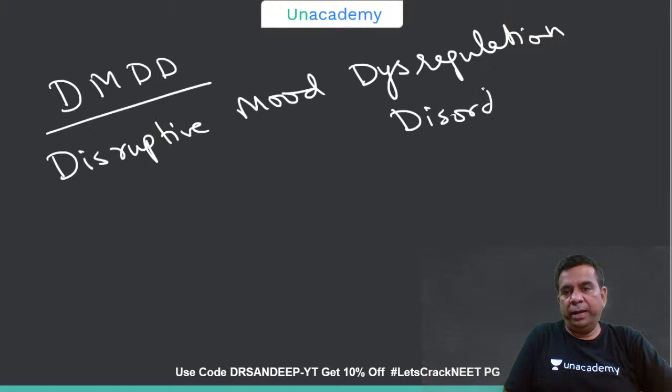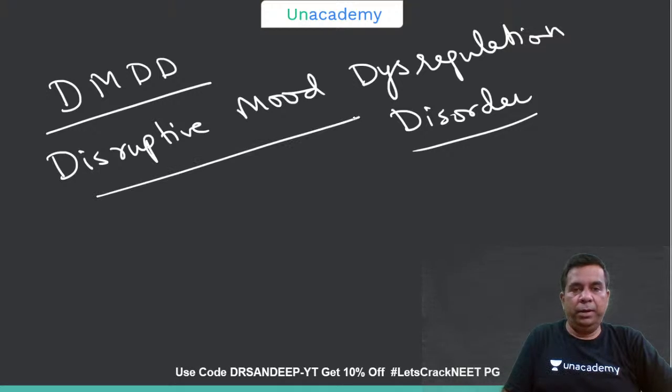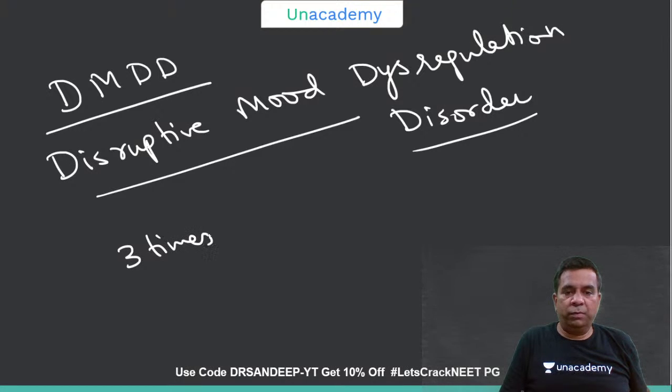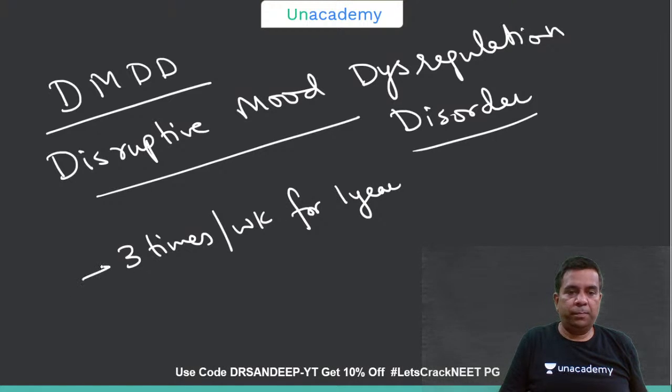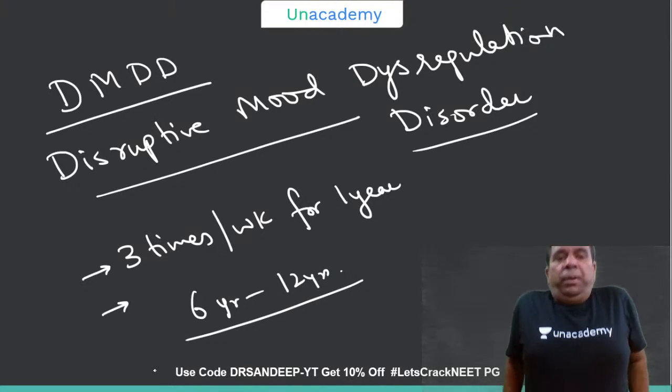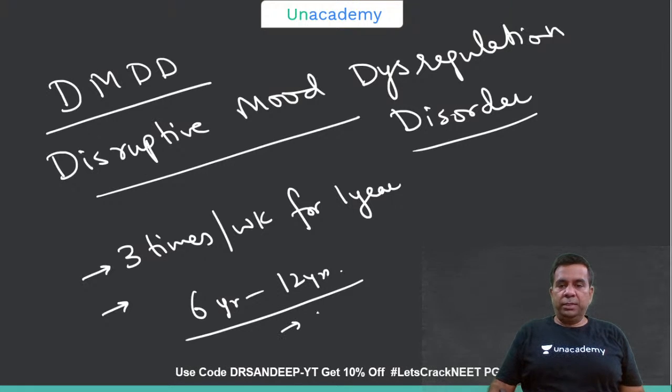The angry child later on going to be depressed, that's DMDD. Three episodes of aggression per week for 1 year, starting from 6 years to 12 years. Placed with the depressive disorders.